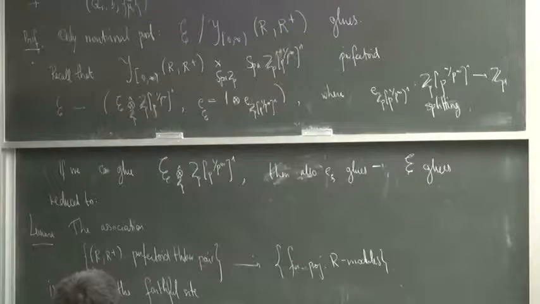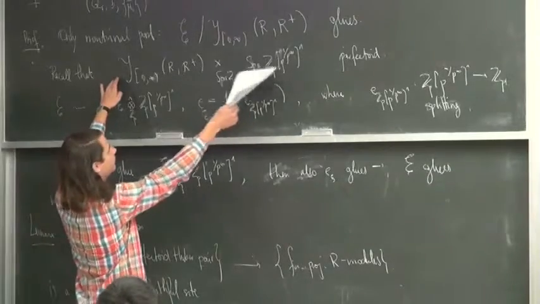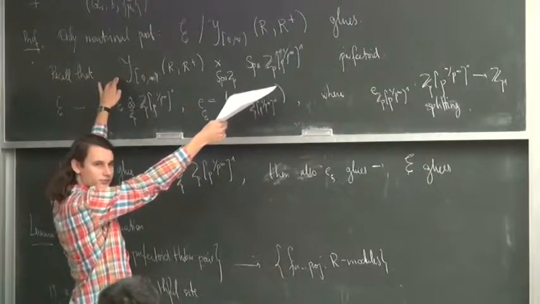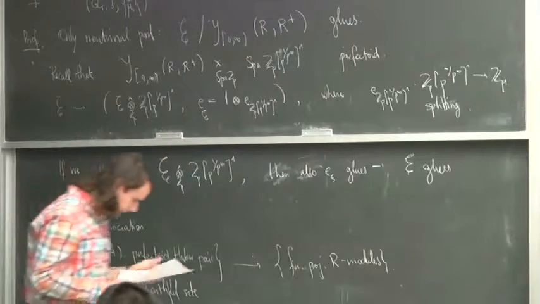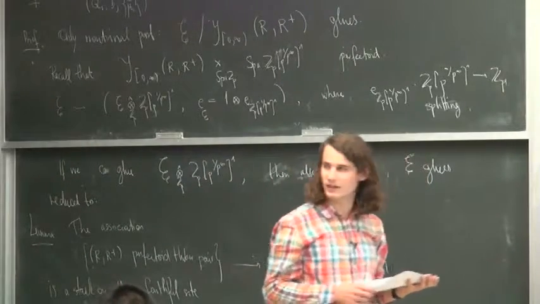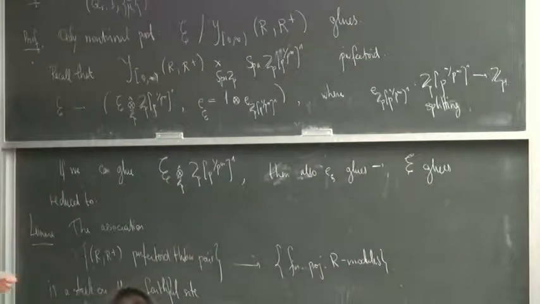I guess what I have to prove is that if I have some module over this guy here, whose base extension to here is a finite projective module, then it was a finite projective. Or you have a splitting. I think that should be okay because the situation is so simple, but I should check it at home. You have to be slightly careful at this point, but I think it should be okay.